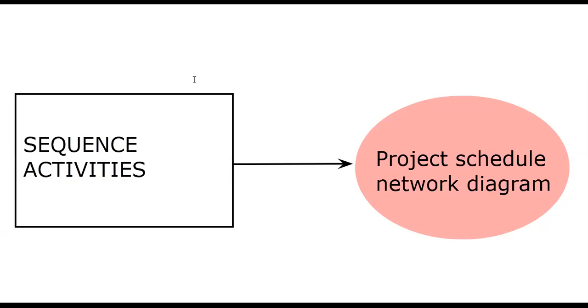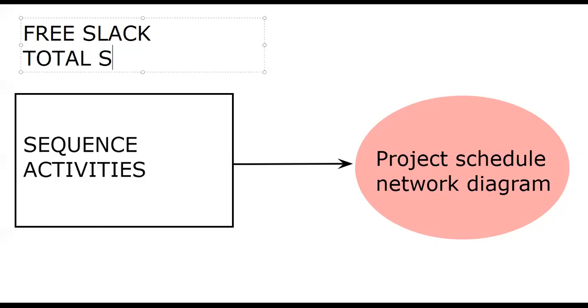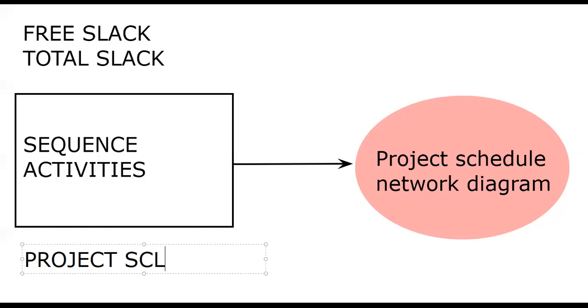And I really want to stress, my friends, if you have not mastered free slack, the definition of what it is, if you have not mastered total slack, the definition of what it is, and if you have not mastered project slack, the definition of what it is, you should.